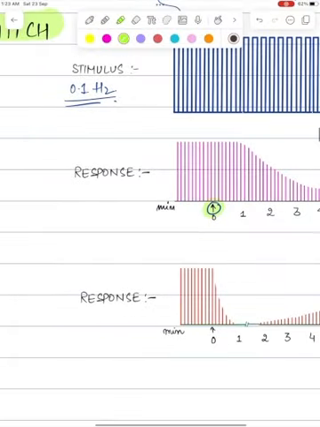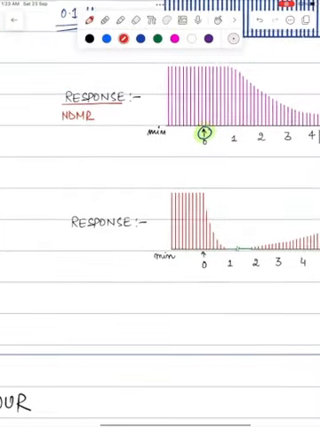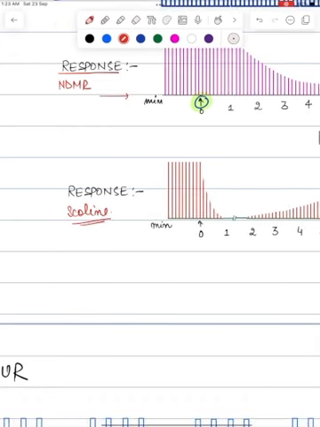The topmost upper panel is showing the response after the administration of a non-depolarizing muscle relaxant, whereas the bottommost panel shows the evoked response after administration of succinylcholine. So this is a non-depolarizing type of a block, and this shows the depolarizing type of a block.